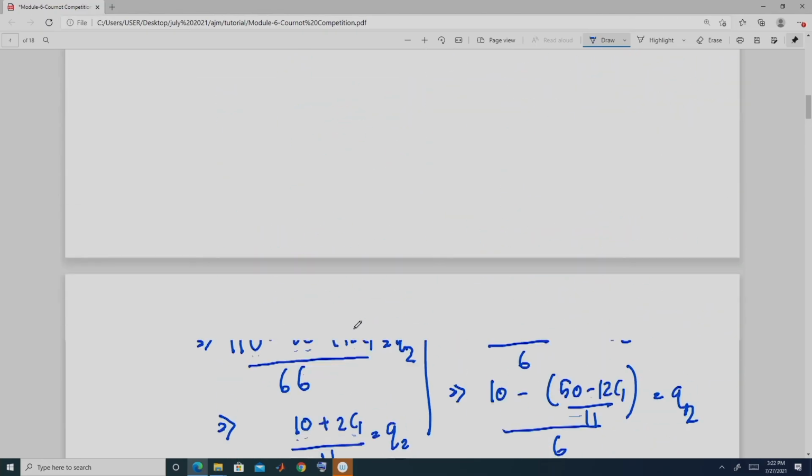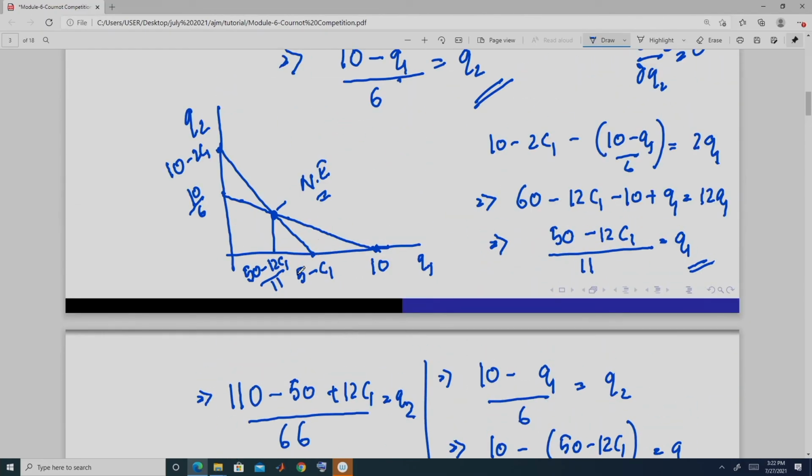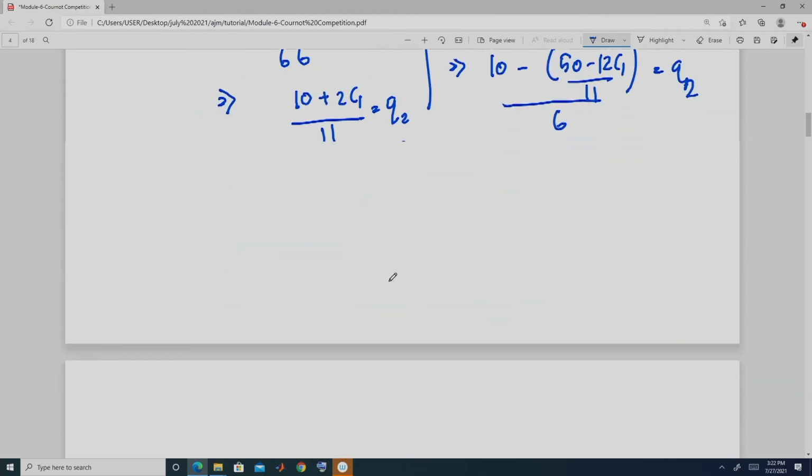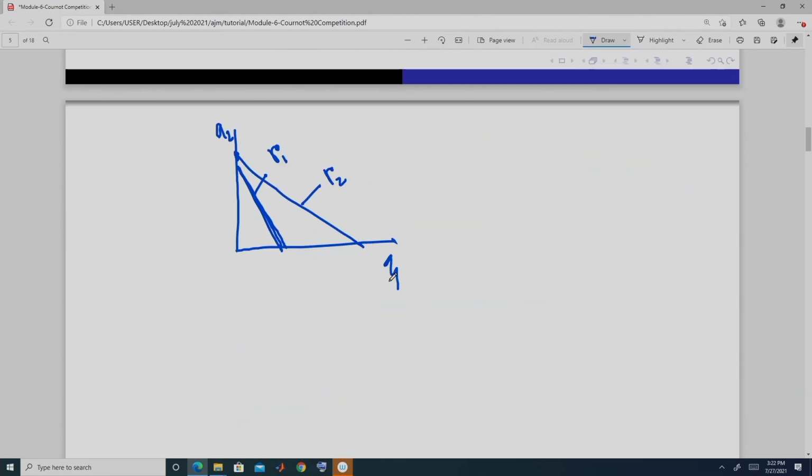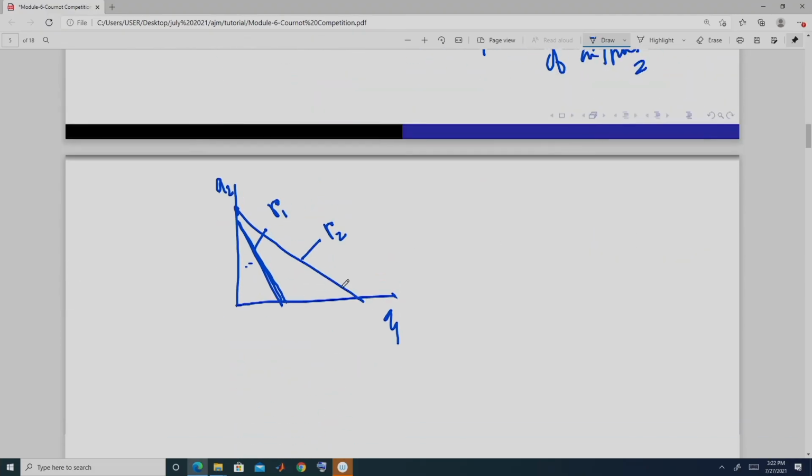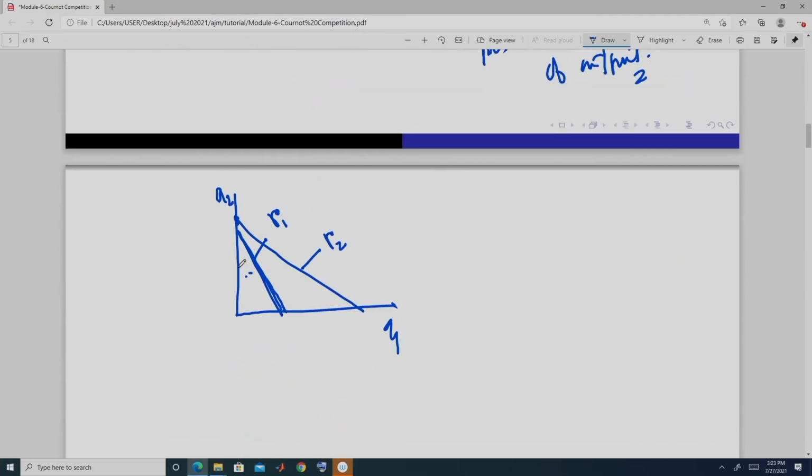Because if you look at this point, this is 5 minus C1, so it cannot be greater than 10. That is why we cannot have the reaction function of firm 1 lying above the reaction function of firm 2. So, firm 2 is always going to produce some positive amount, but firm 1 may not in this situation when C1 is sufficiently high.